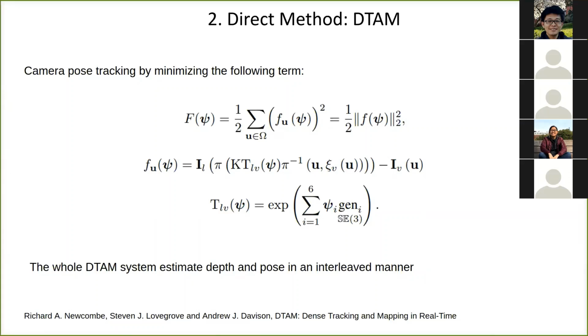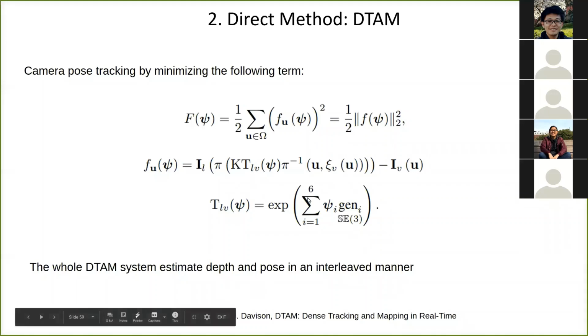We don't estimate the camera pose and depth exactly at the same time, but we first do the depth estimation, then with this depth, we do the pose estimation. And then with the pose, we do the depth estimation again, and keep doing this interleavedly for each two continuous frames coming into the DTAM system.